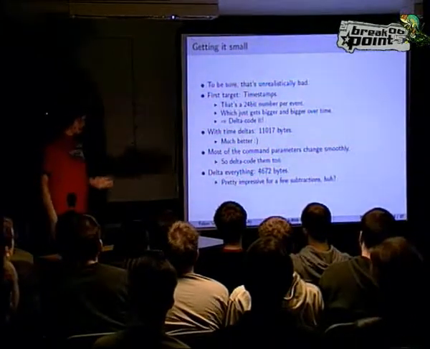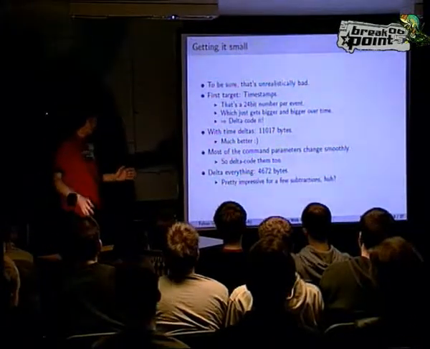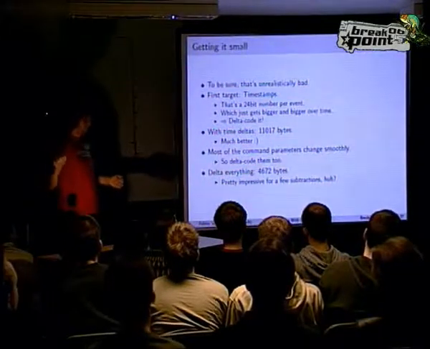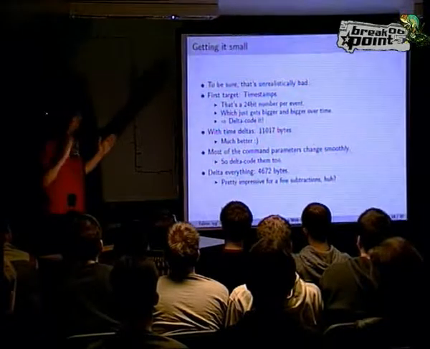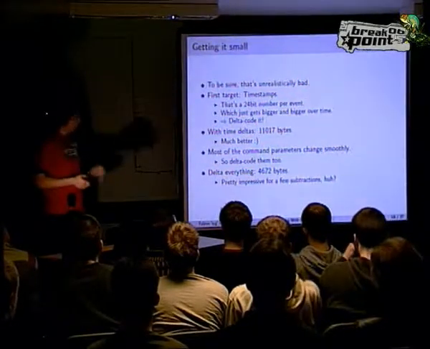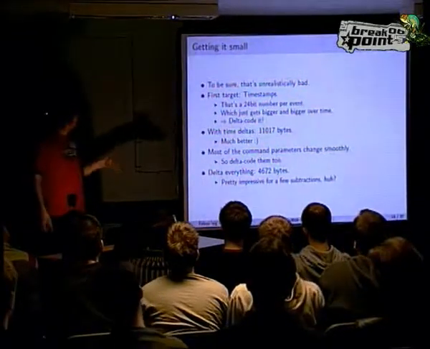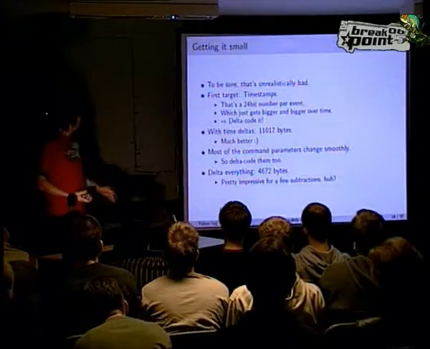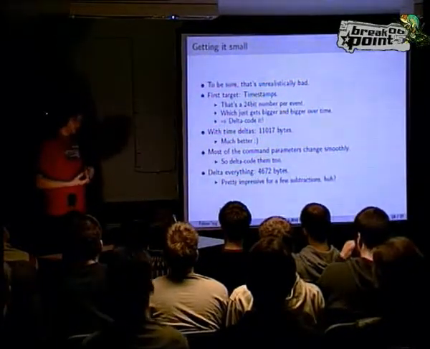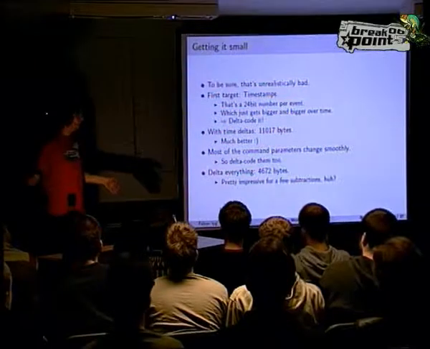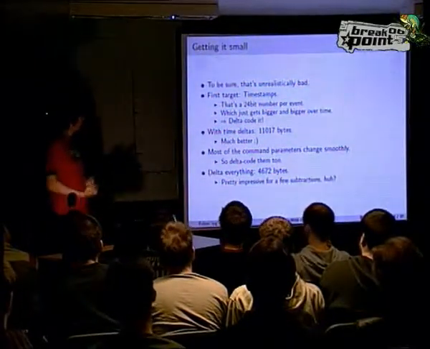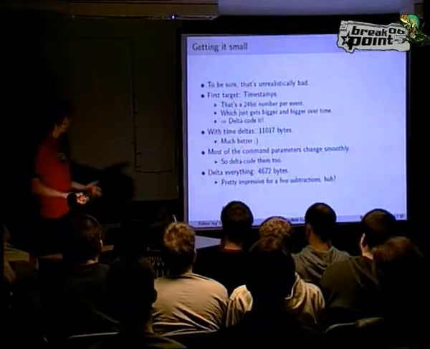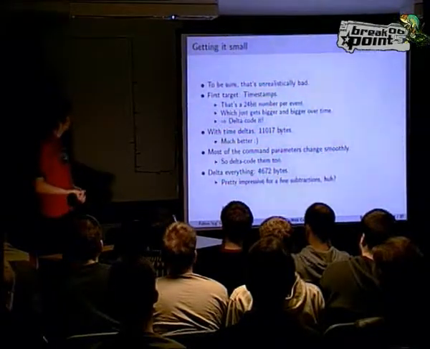So you don't actually have to store complete timestamps. They will always increase, so you can easily delta code them, and the values will get smaller because events are usually close together. When you just do delta coding for the timestamps, you're down to 11 kilobytes from 88. So this is a huge improvement from what we originally had, with a minimum amount of work.